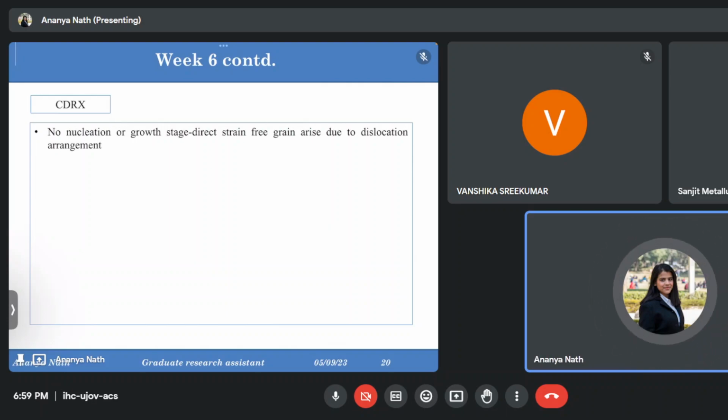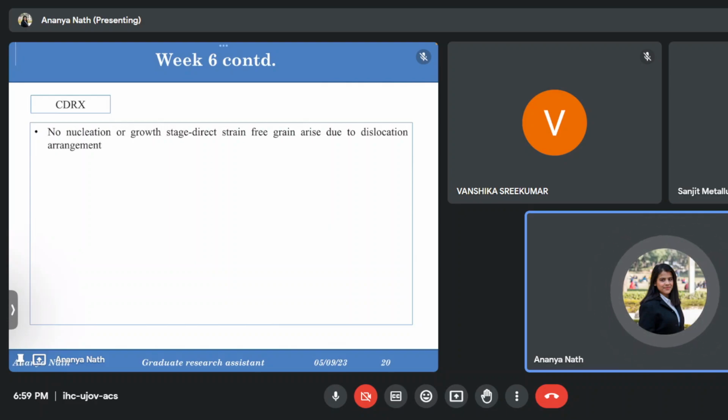Obviously we are having new grains inside the old grain. How can they grow inside the grain? If we are getting new grains in the grain boundary by bulging or by rotation, sliding, the newborn grain can grow, right? But in CDRX, we are getting new grains inside the old grain. Now the old grain boundary is already defined.